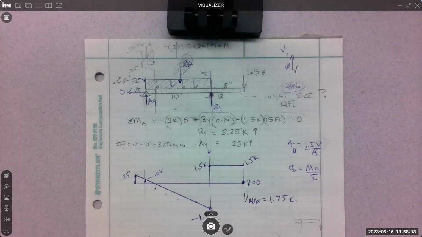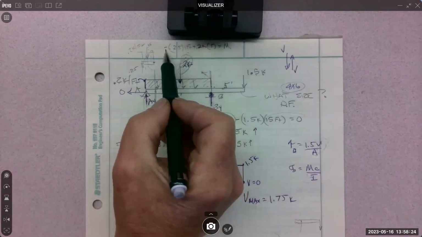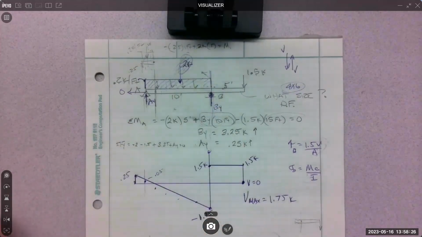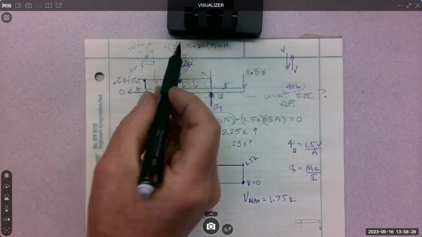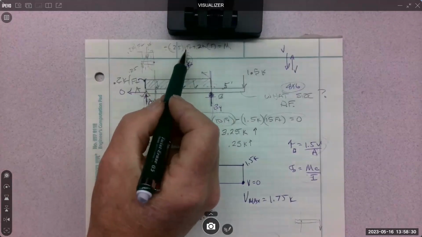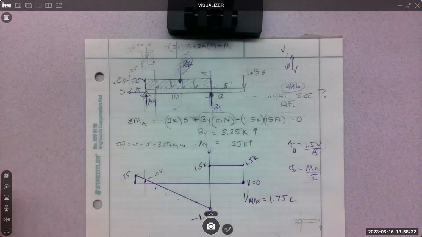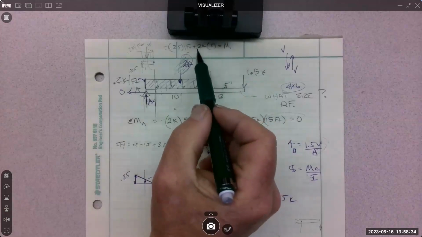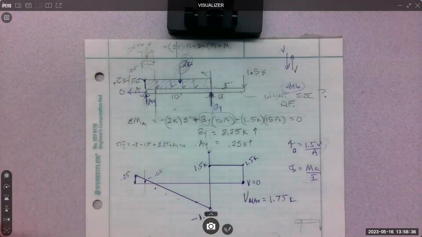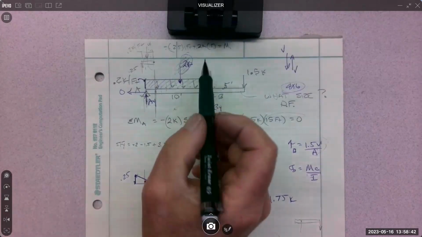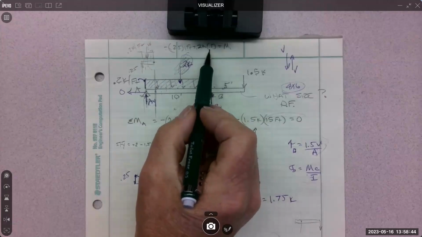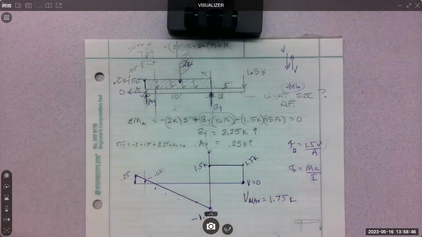Okay. So how much is that? Negative 0.25 times 1. And then 0.2 times 0.5. That is 0.1, but it's plus, so I'm going to do that.